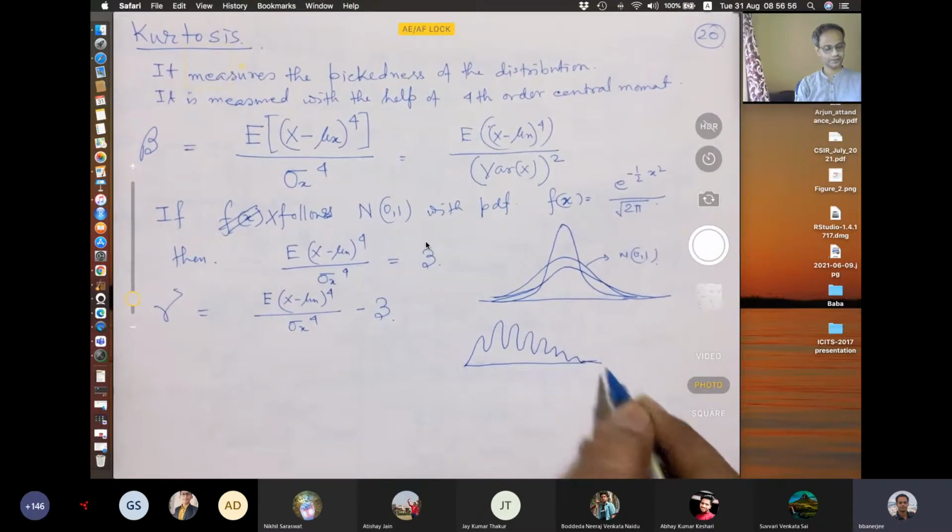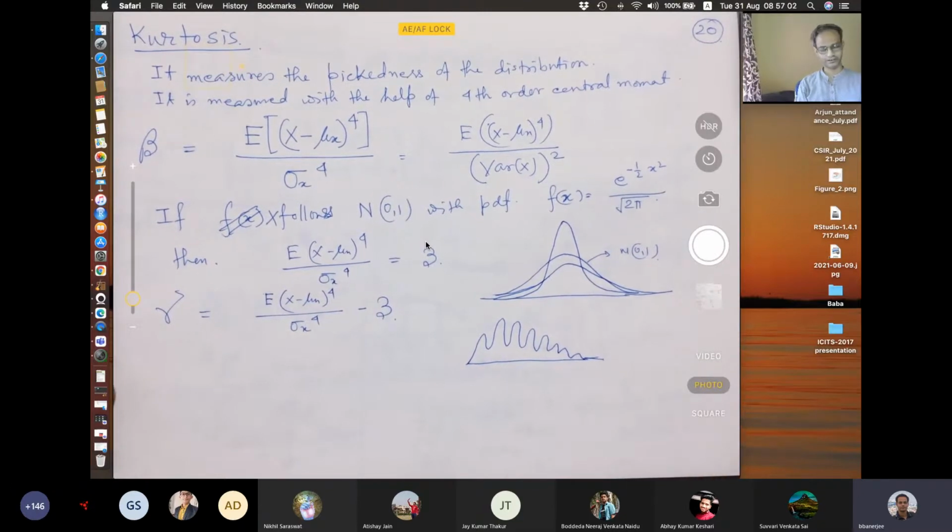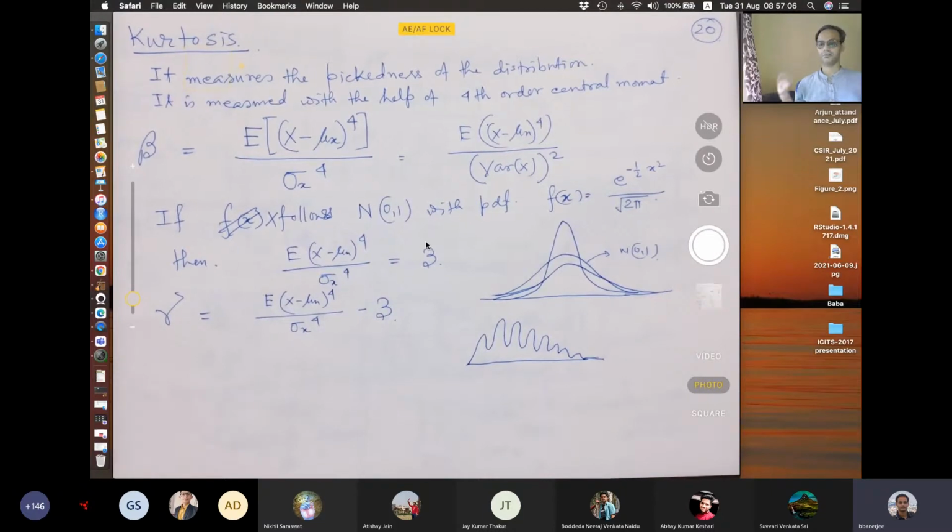And this kind of PDF is very problematic. One such example, I am not going into details, that I told yesterday: all moments exist, but the moment generating function doesn't exist. Such an example can be constructed with this kind of PDF.